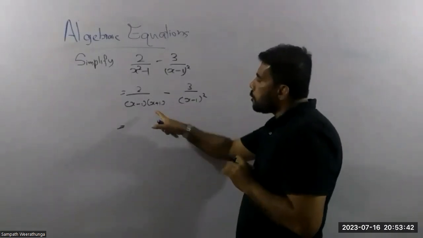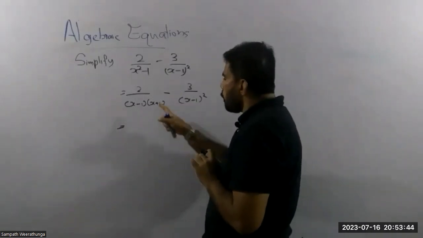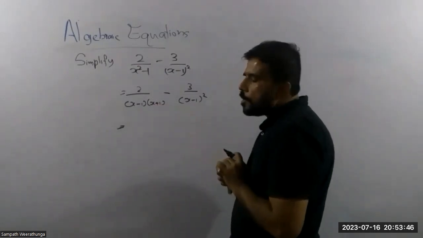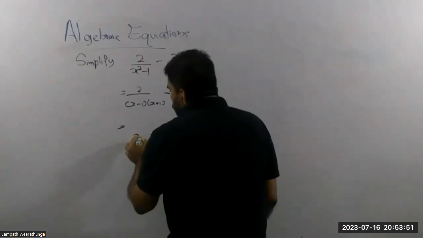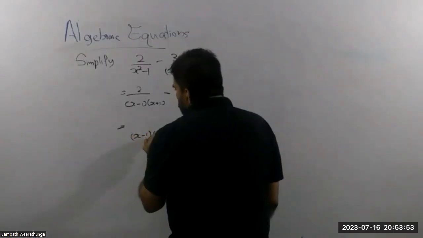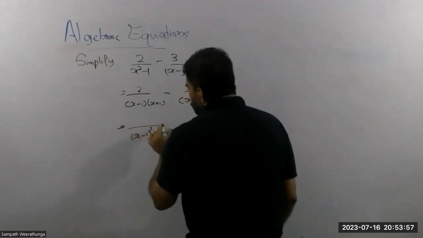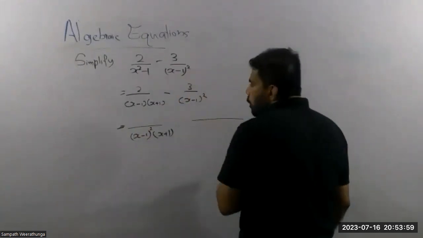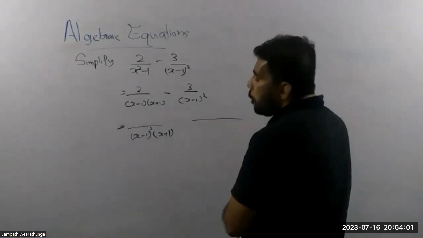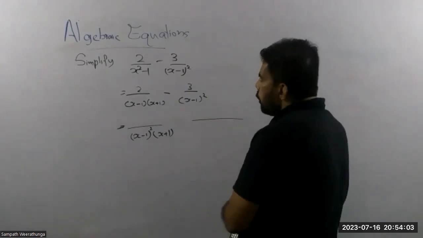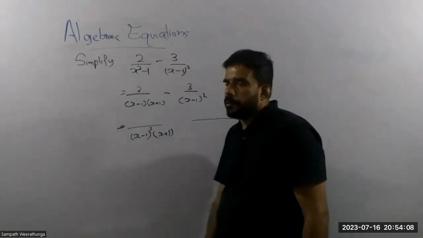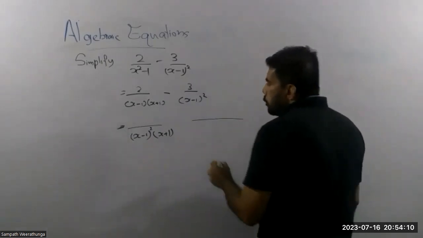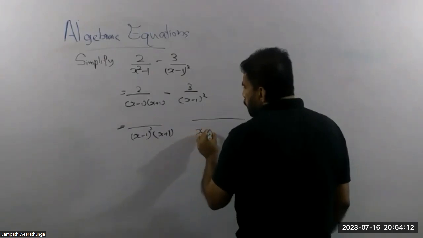Next, x plus 1 appears here but not there, so we take (x minus 1) squared as well as x plus 1 as the common factor. My aim is to make a common denominator, so this is the lowest common multiple for my denominator, and I have to write the same here.